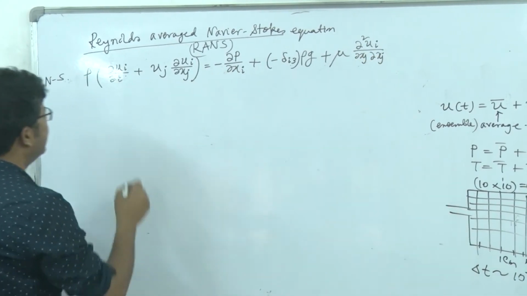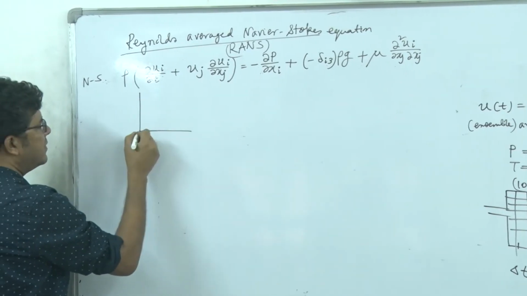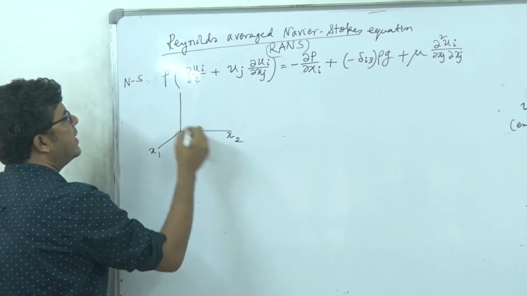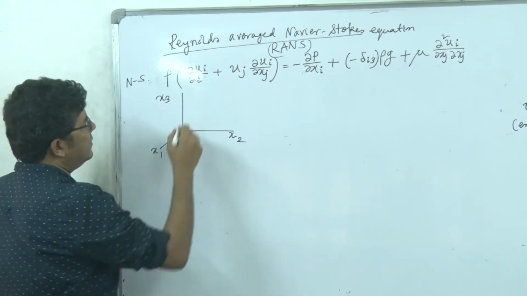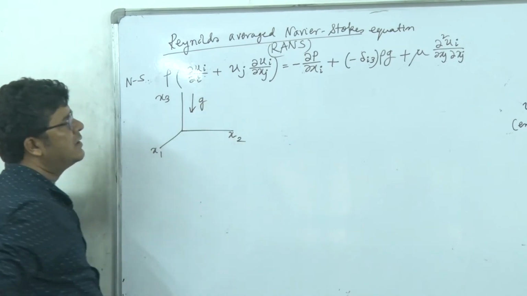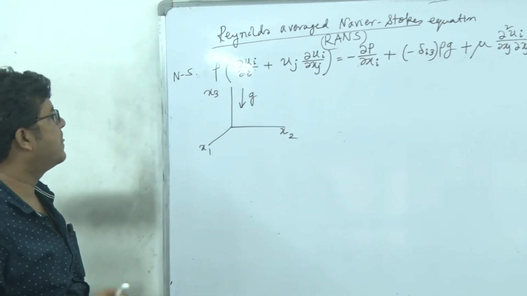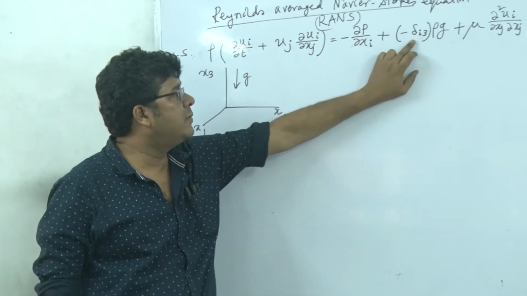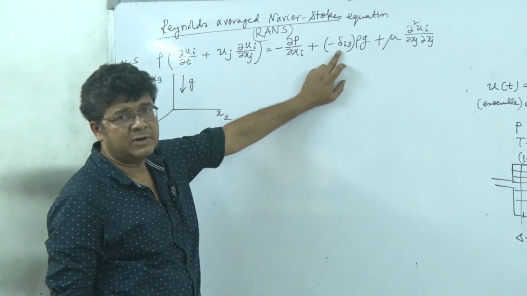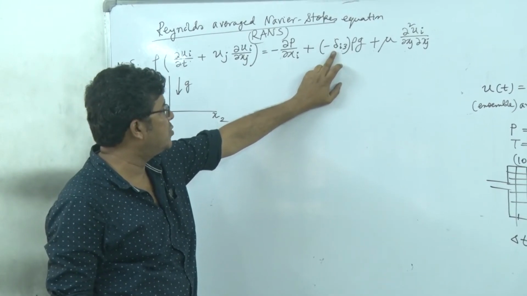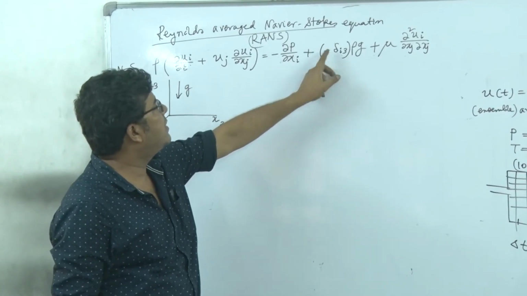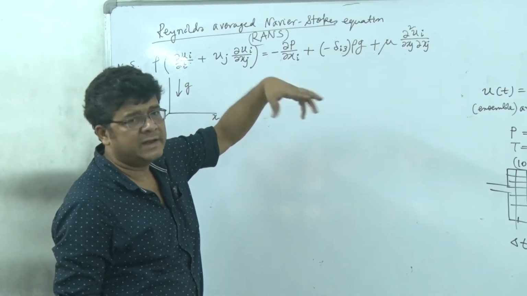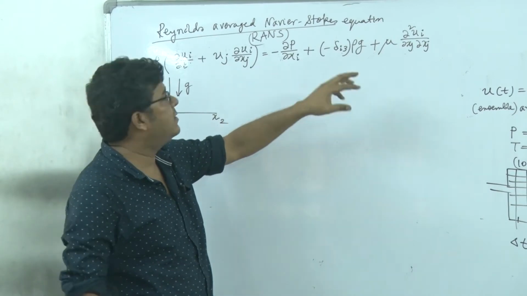Now what does it mean? See, a new notation using Cartesian coordinates, x1, x2 are the horizontal components and x3 is the vertical, and we have gravity as the only body force, right? So delta i3, the Kronecker delta, will be 0 for axis 1, i equal to 1, and axis 2, that is i equal to 2, but for axis 3 it will give you a minus value. We know that delta ij will be equal to 1 if i is equal to j.